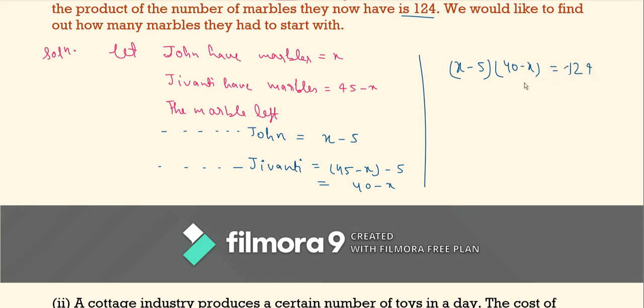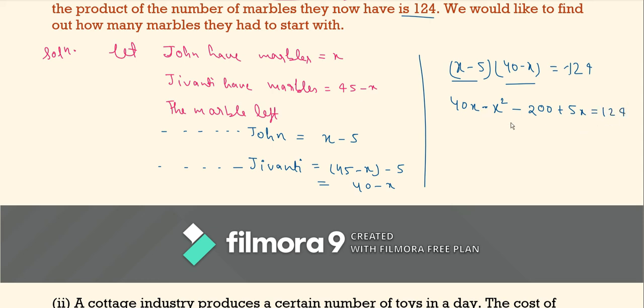This is so easy. This is binomial into binomial, the multiplication you have done in earlier classes. So let's multiply it. 40 into x becomes 40x, minus x square, minus 40 into 5, 200, and plus 5x is equal to 124.